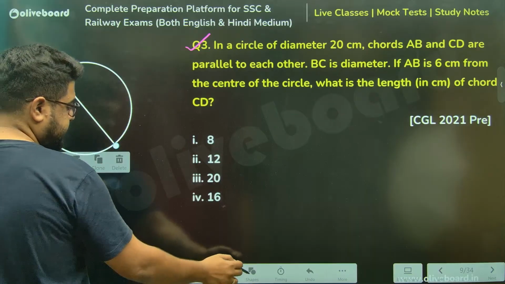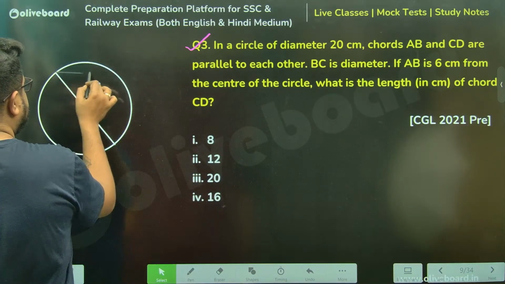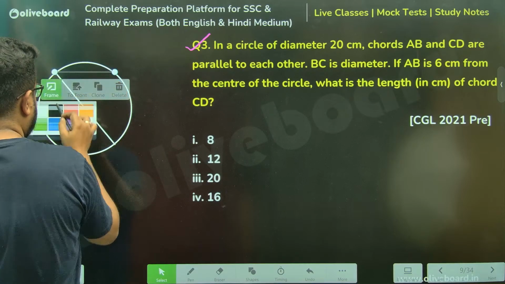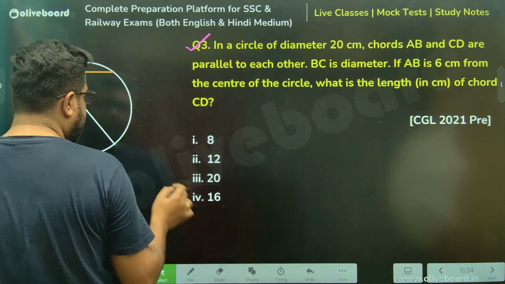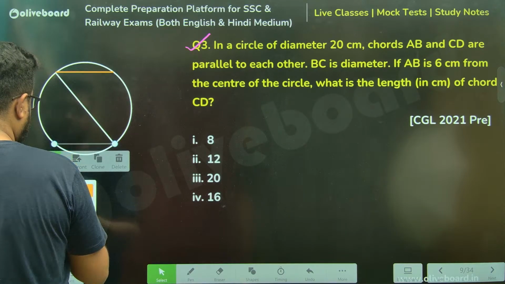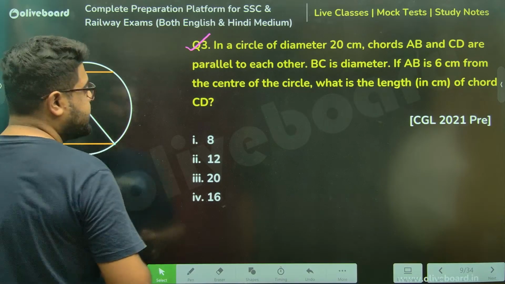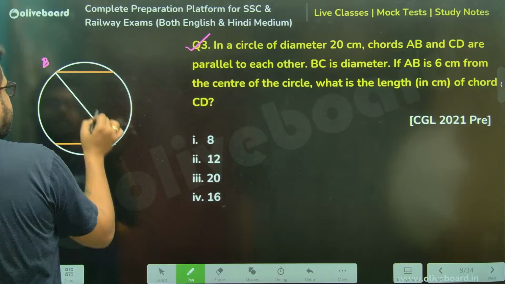Now they are saying two parallel chords are there. One is this, or rather, let's use some different color. And another one is this. Clear, sir?